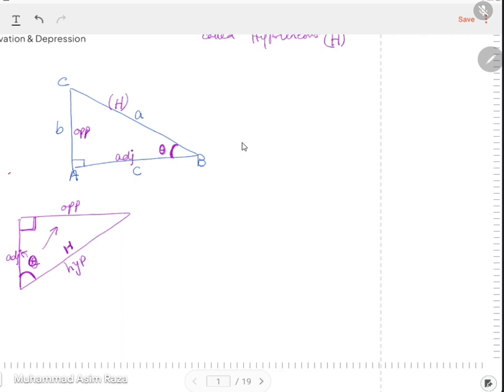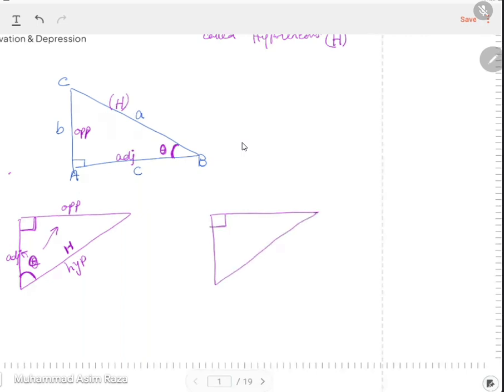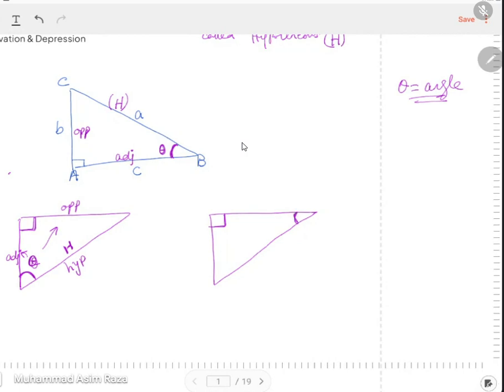Okay, same, I'm going to draw the same triangle, like this one, you see, but this time theta is the angle. Remember that theta means the angle. So this time theta is here, over here.